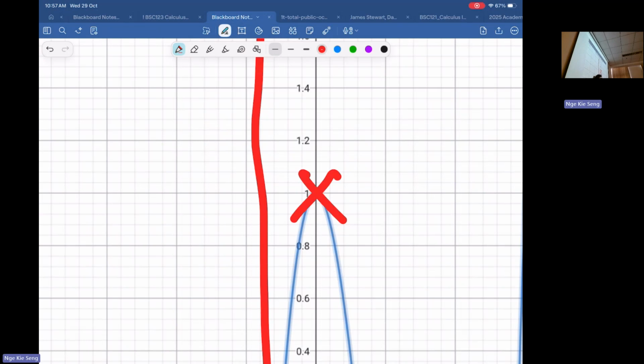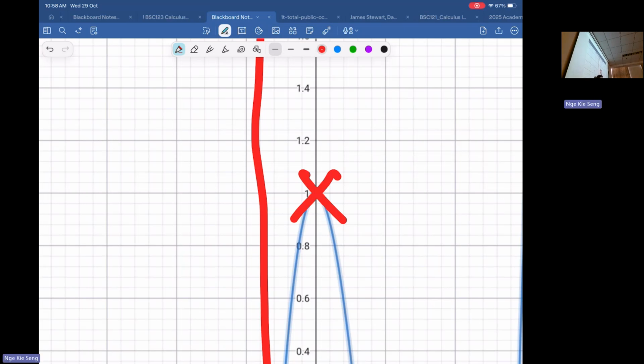Let me ask you a side question before we take a break. This maximum point and minimum point, we call them stationary points, right?